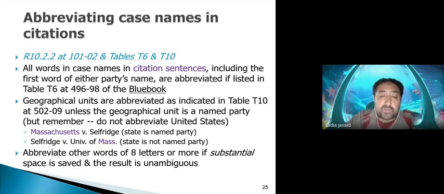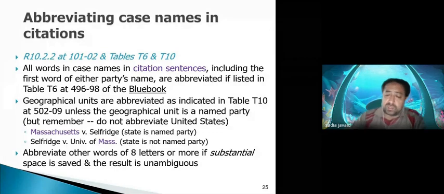Abbreviate other words of eight letters or more if substantial space is saved and the result is unambiguous. So if there is a need, you can abbreviate words longer than eight letters. In this way, you can manage everything.